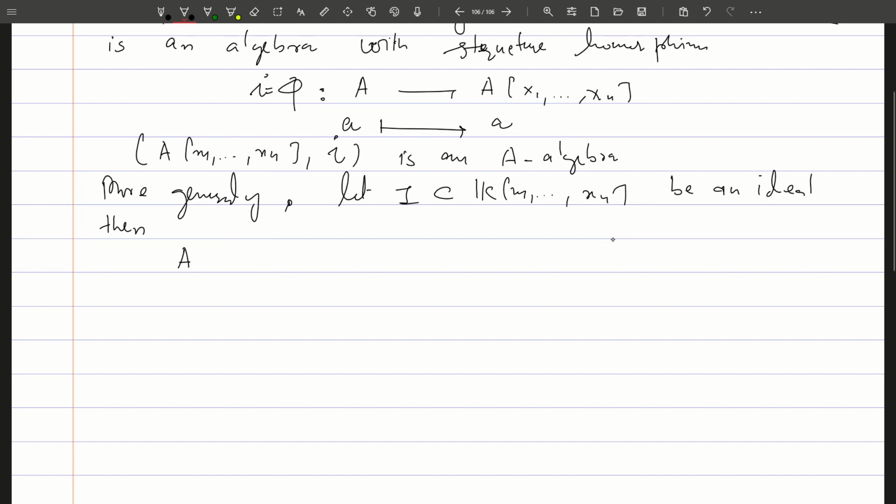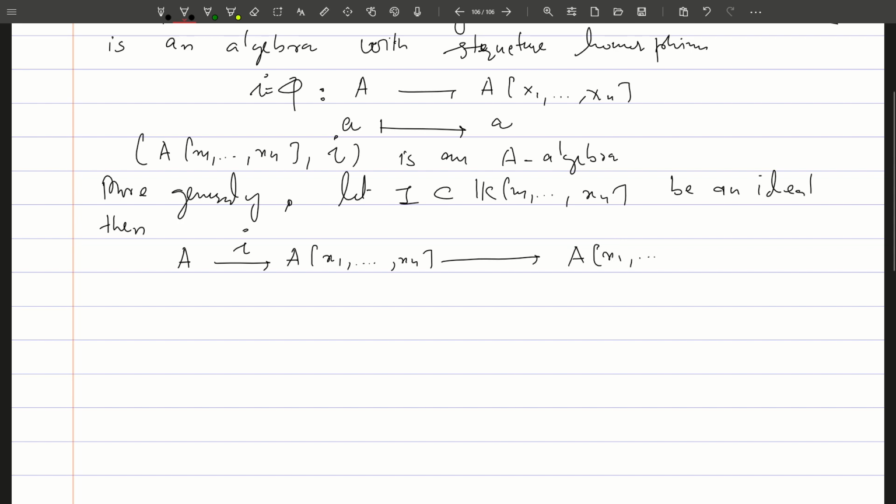From A to the polynomial ring A[x1, ..., xn], we have this map i, which is the inclusion map, and from this ring to the quotient ring, we have a natural map.